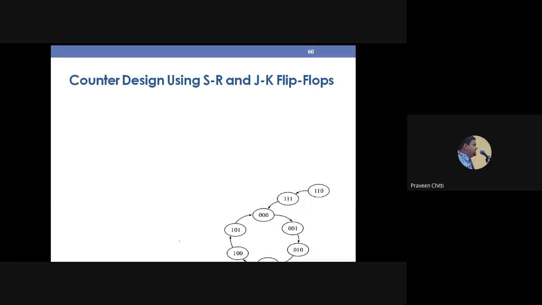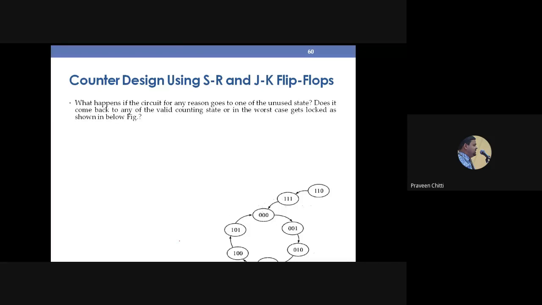Such counters are called self-correcting. They come in the self-correcting category of counters. We can do the counter design again by using either SR or JK flip-flop, because if one of the unused states occurs, it should go back to the beginning. That is what is called the reset state.